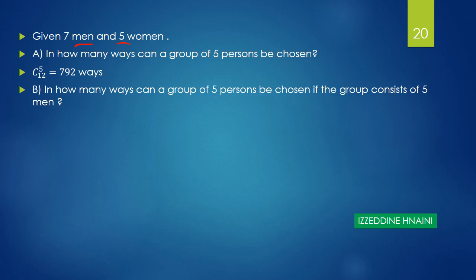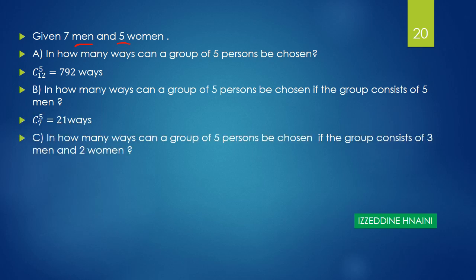Part B, in how many ways can a group of 5 persons be chosen if the group consists of 5 men? So we are choosing only 5 men out of 7, so we get C5 7. Part C, in how many ways can a group of 5 persons be chosen if the group consists of 3 men and 2 women?